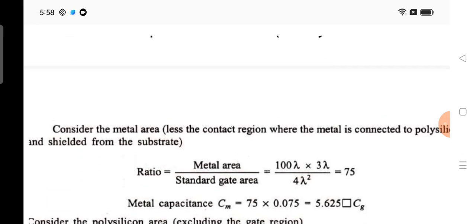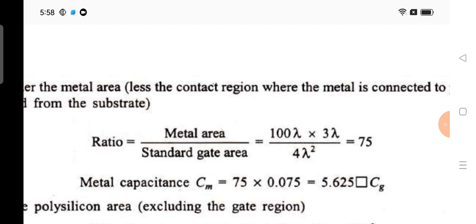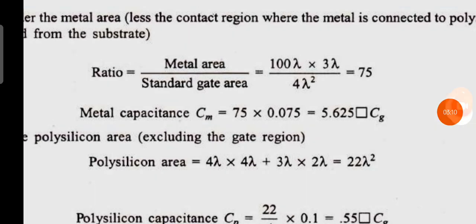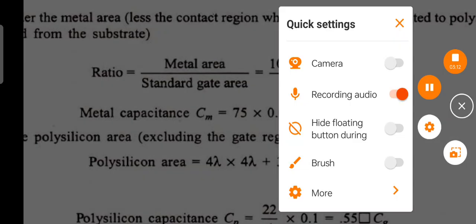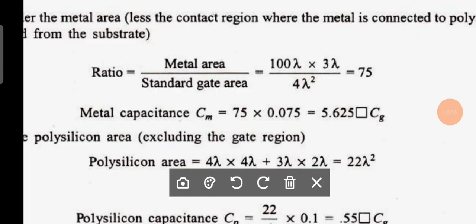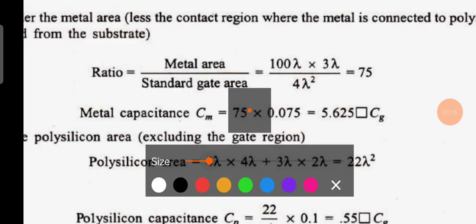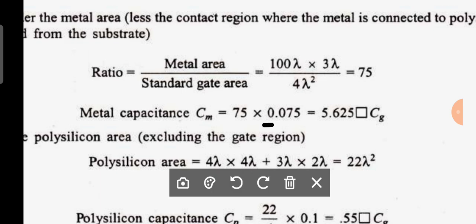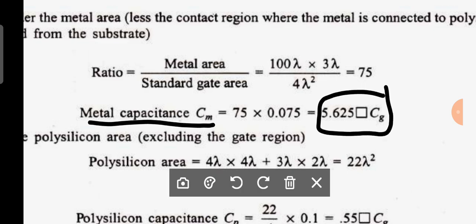If you observe here, the relative value of metal is 0.075 standard gate capacitance. After multiplying this value with 75, finally the metal capacitance is 5.625 standard gate capacitance. Is it clear?